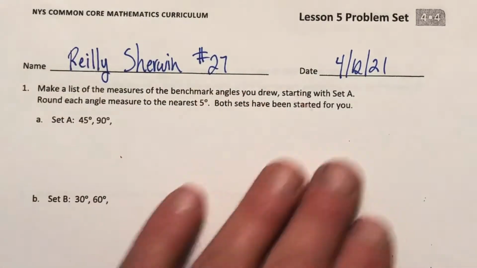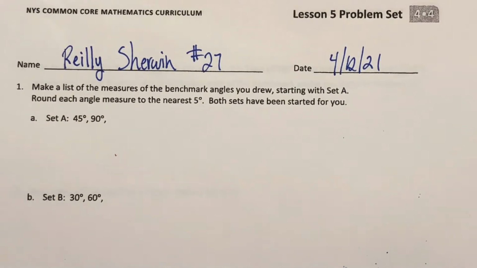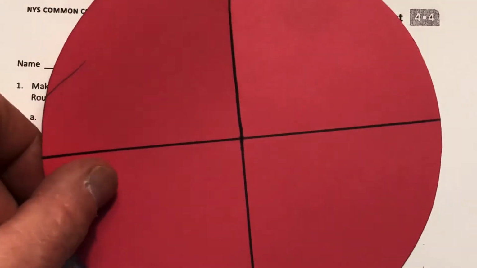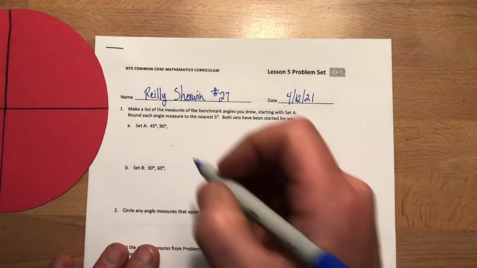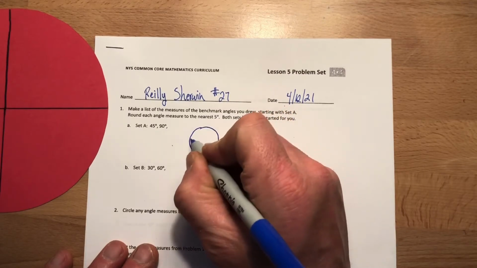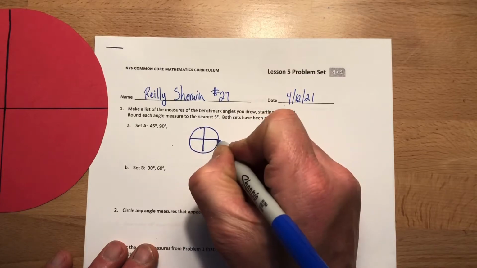Now, I don't particularly like the directions here, so we're going to draw some circles. This is a circle that's cut into 4ths. So let's draw a little circle here and cut it into 4ths. This is my circle, just like that.